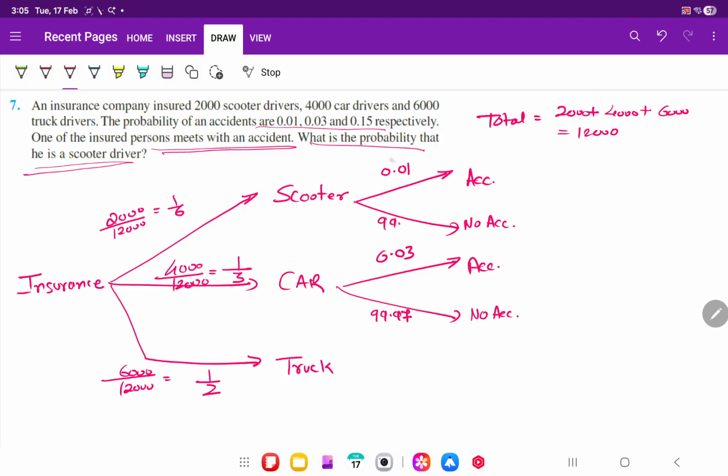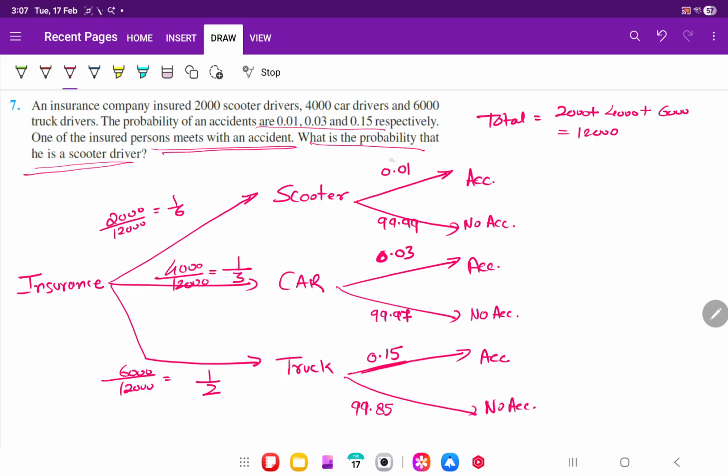Here also it is 0.99. With the truck also, there are 2 chances, accident or no accident, correct? Understood. For truck, it is given 0.15. For no accident it will be 0.85. How do we get it? 1 minus 0.15, like that. So this is the entire information which is given.